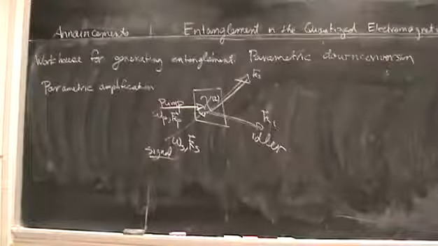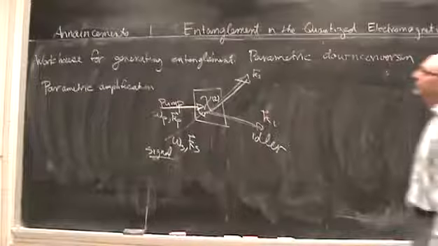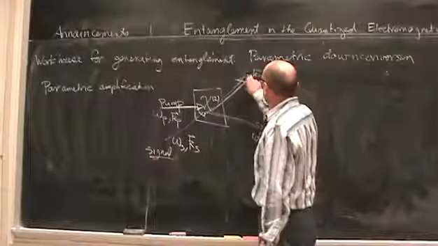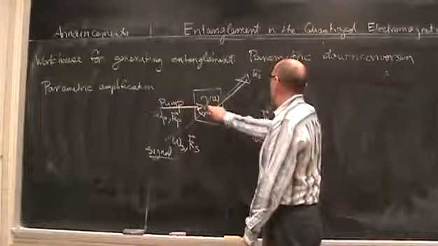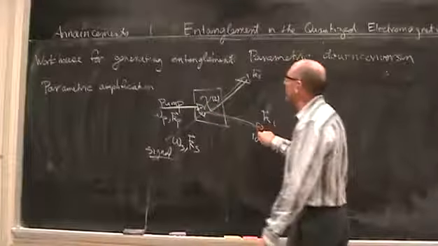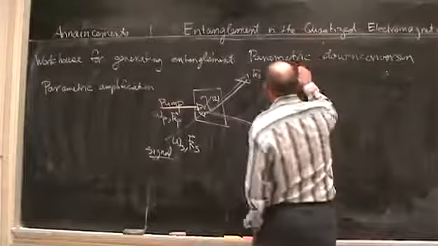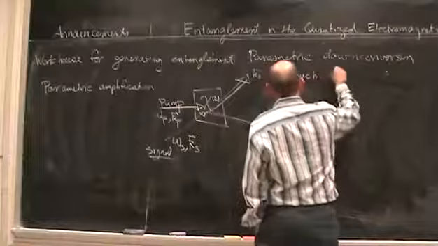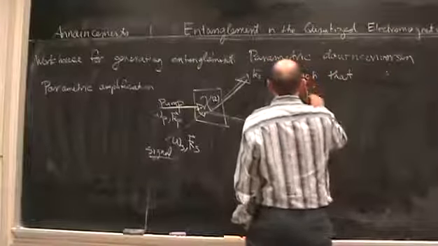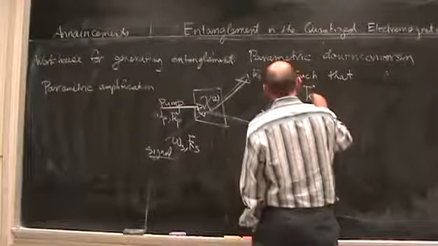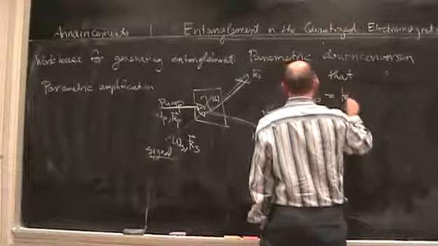So we end up having that kind of process whereby we amplify this beam and simultaneously generate a new beam, such that momentum and energy are conserved inside the crystal.